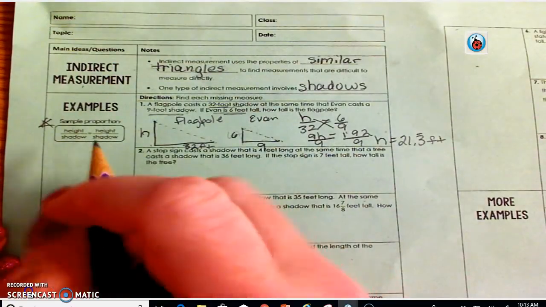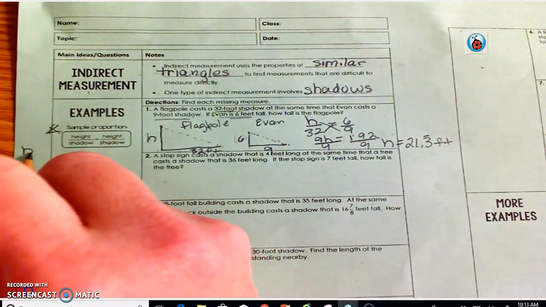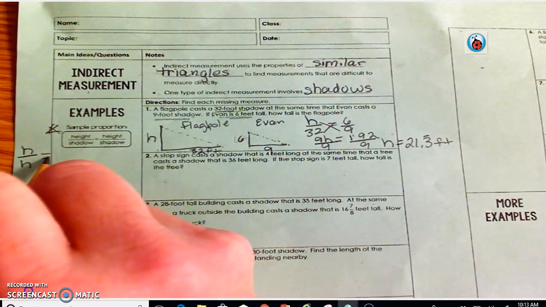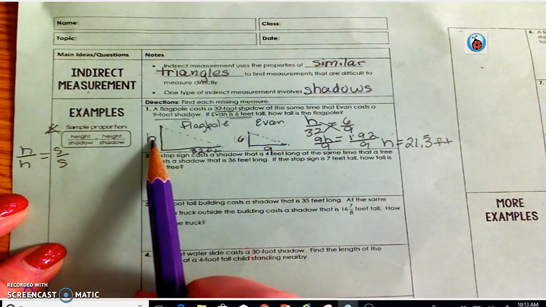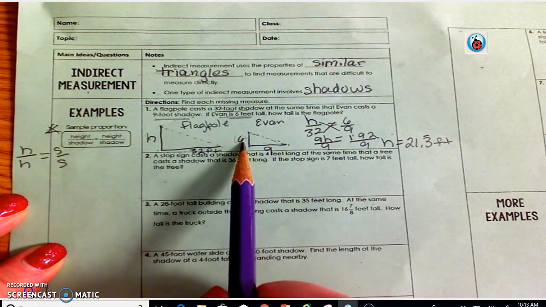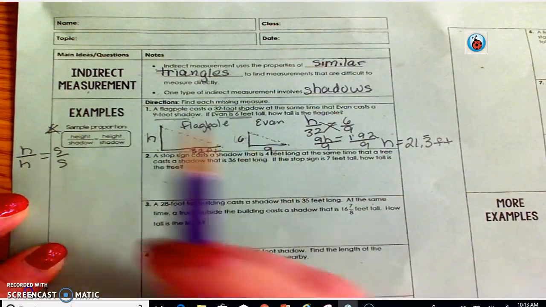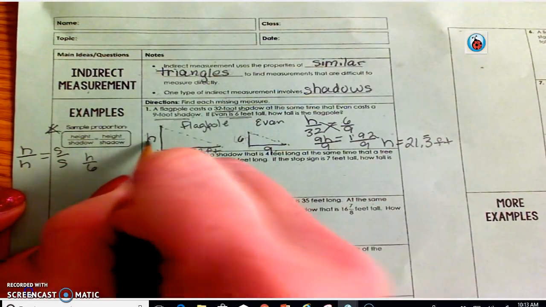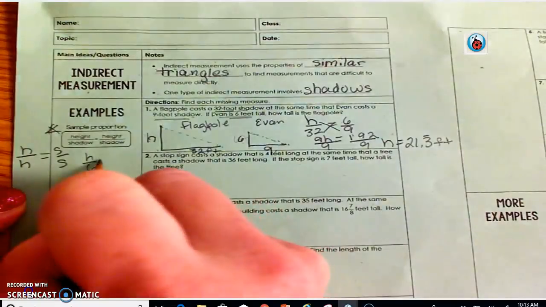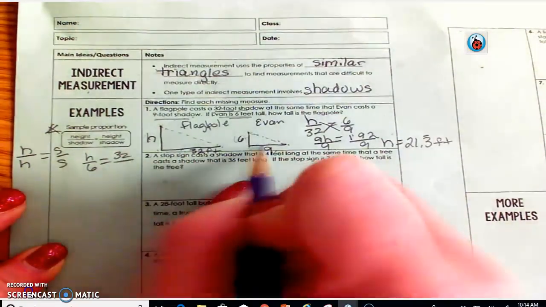Now I want to show you this same problem because we looked at it in the other triangles. We did height to height equals shadow to shadow. In other words, the height of the flagpole to Evan's height equals the shadow of the flagpole to Evan's shadow. So if we did it that way, we would have H over 6, equals 32 over 9.